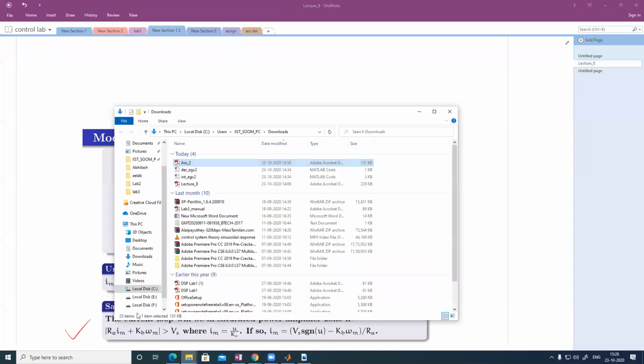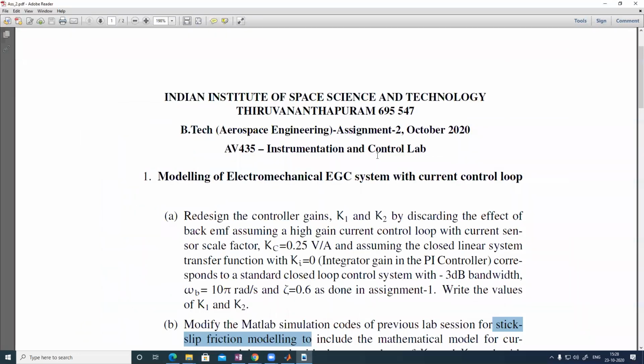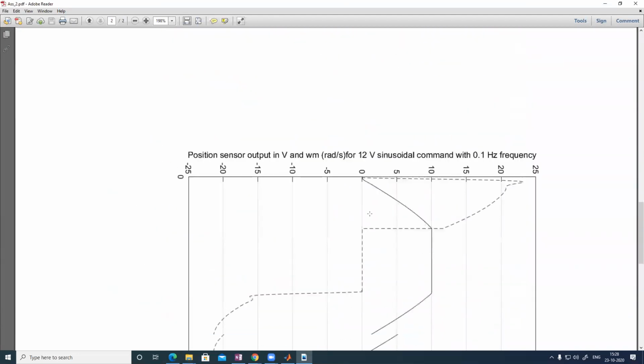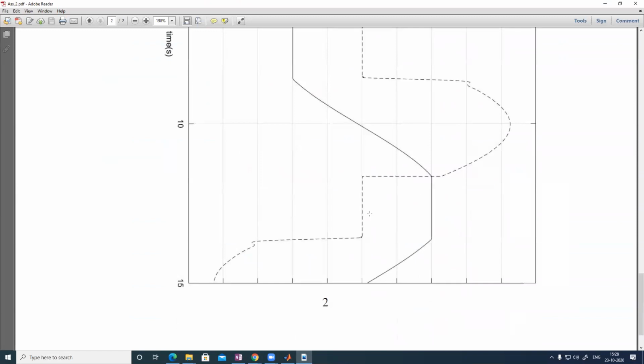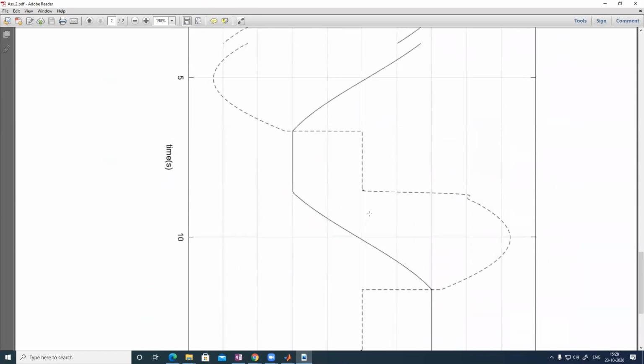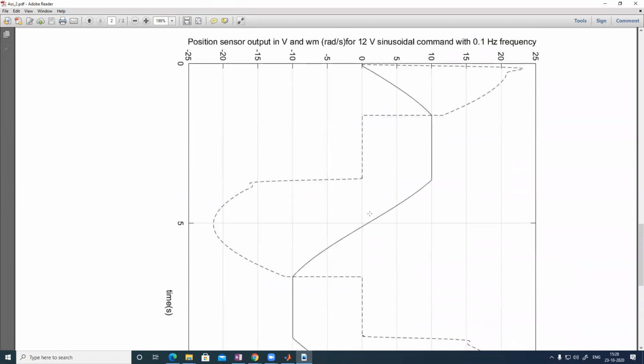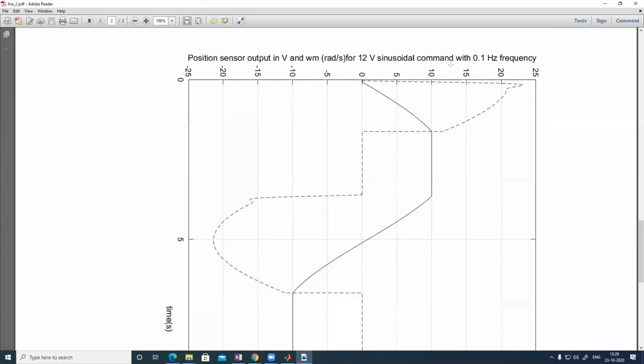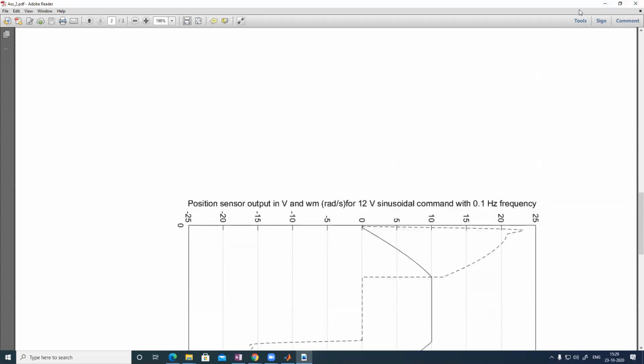Only one cycle you have to take like this. So that is 15 seconds, right? Too much, this is one cycle. That is 0.1 hertz only. Okay, sir. The question given is a 12 volt sinusoidal signal command with 0.1 hertz.